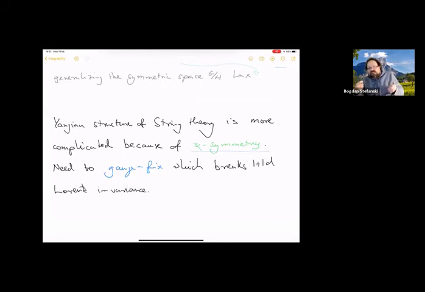And you need to gauge fix that symmetry before you can write down expressions for physical states, for scattering of physical states, for charges acting on physical states. And when you fix the kappa symmetry, you break 1+1 dimensional Lorentz invariance, and you end up with some messy, integrable, but non-Lorentz invariant theory. And unfortunately, the direct machinery that you might have used from Drinfeld and from others doesn't directly apply.